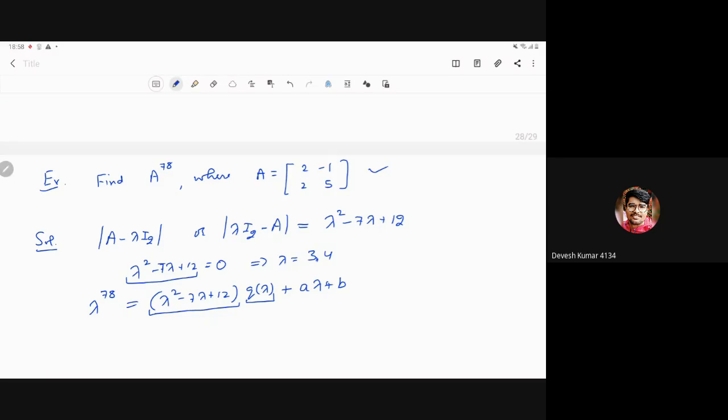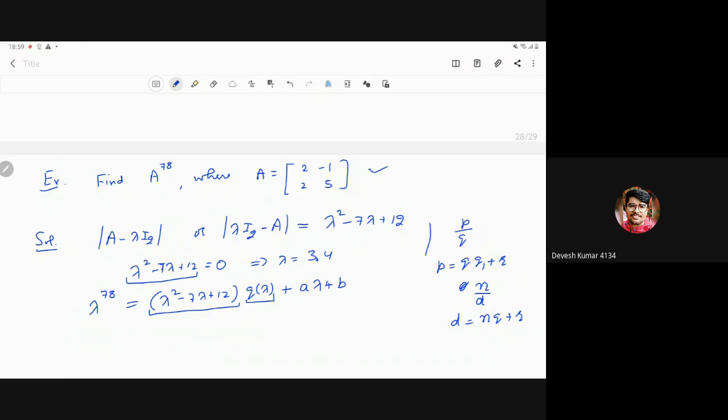When you divide n by d in numbers, what do you get? n equal to d times q plus r, where q is the quotient, r is the remainder.